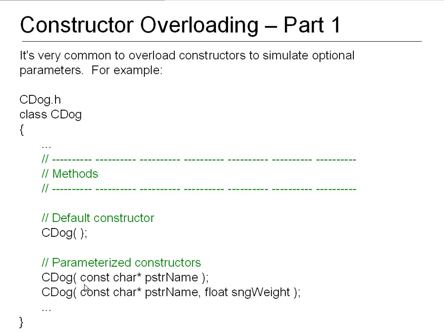Normally you have constructors for the common parameters, and here, just for purposes of example, I have a parameterized constructor that takes a name and another one that takes a name and a weight. The constructor without any parameters is called the default constructor, and any constructor that takes a parameter is called, of course, a parameterized constructor.